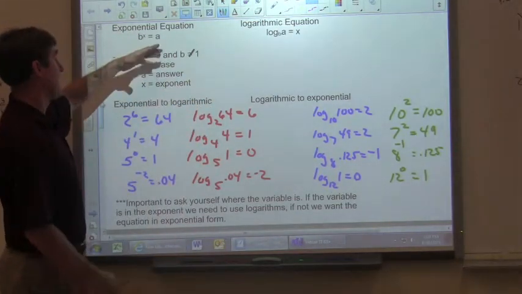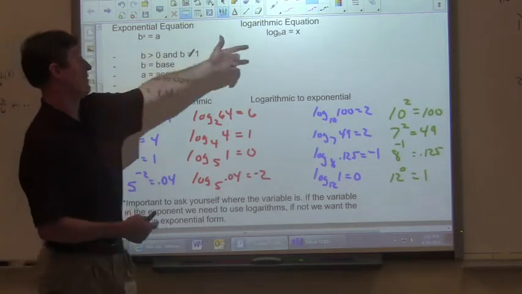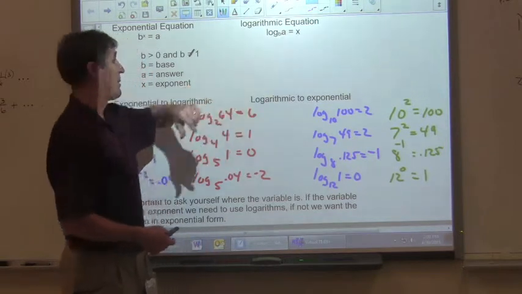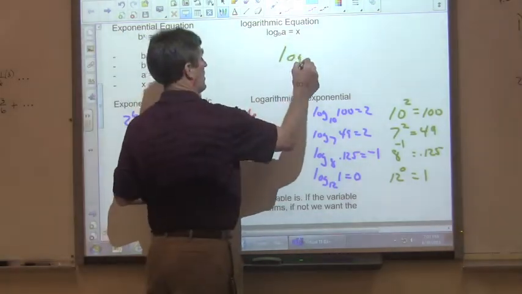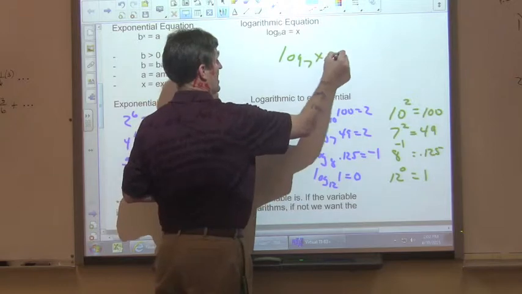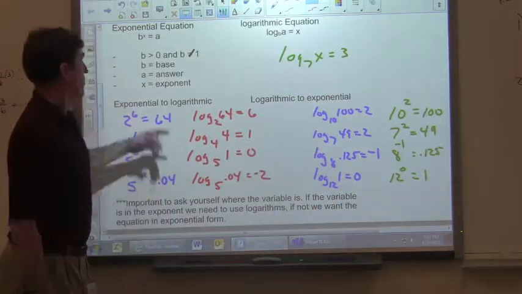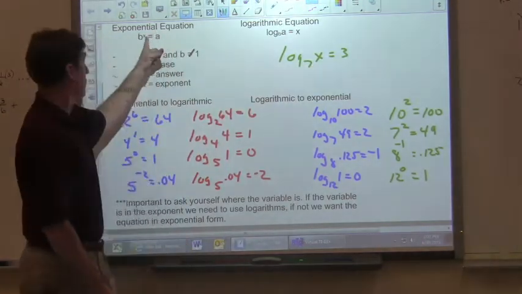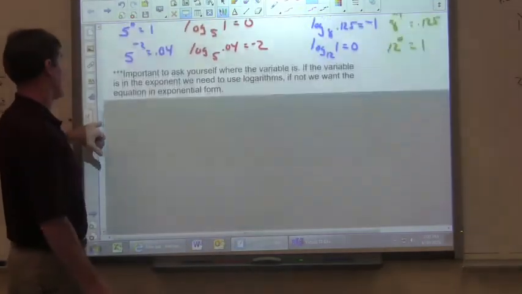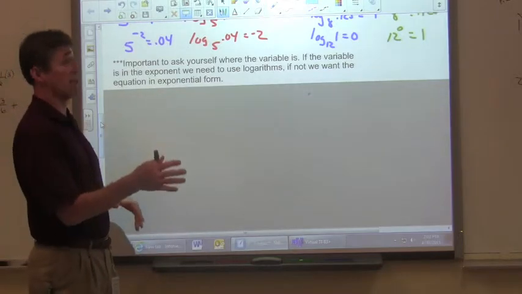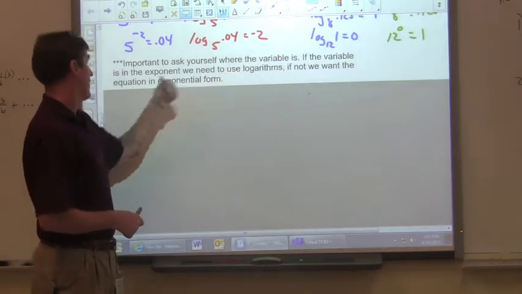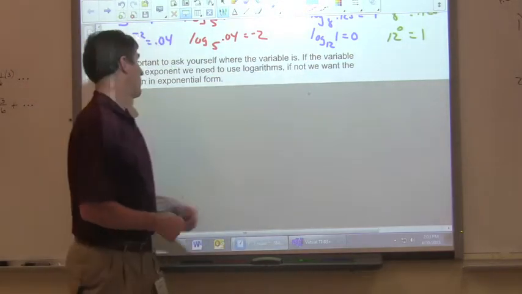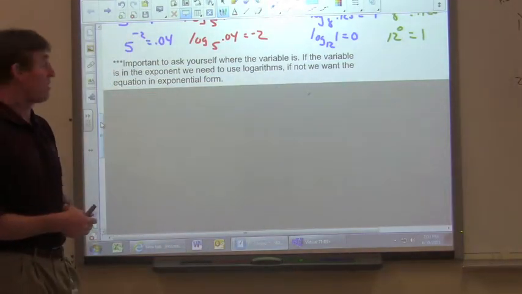If the variable is not in the exponent, like let's say it was log base 7 of x equals 3, we want to switch to exponential form, because I don't need logarithmic form except when the variable is in the exponent. So it's really important to ask yourself where the variable is, because that'll tell you where to convert it. If the variable is in the exponent, we need to use logarithms. If it's not, we want the equation in exponential form to solve it.